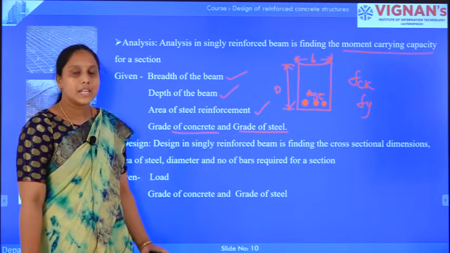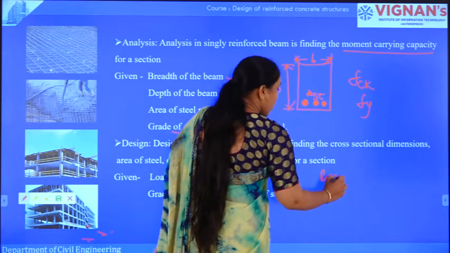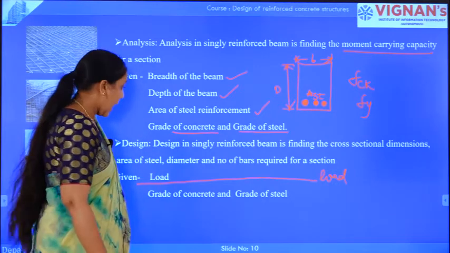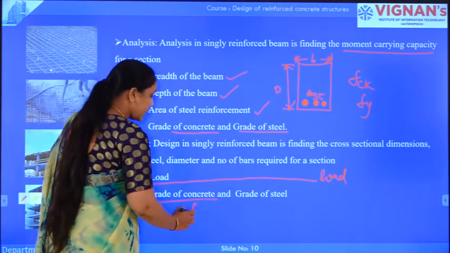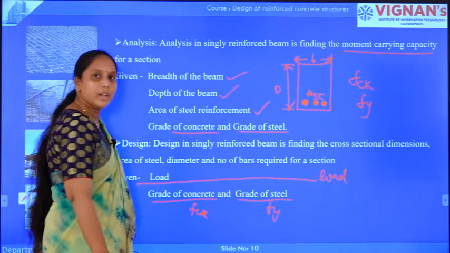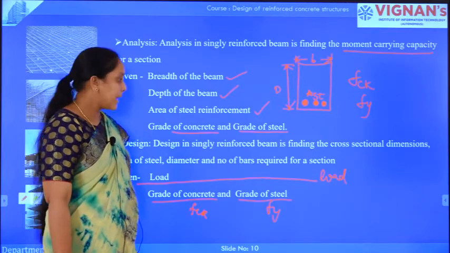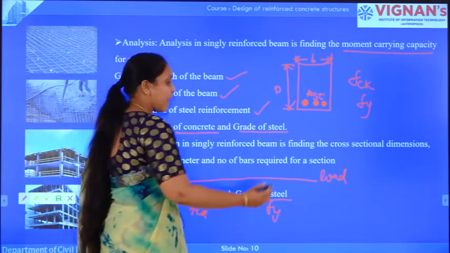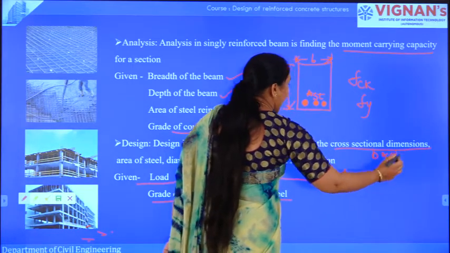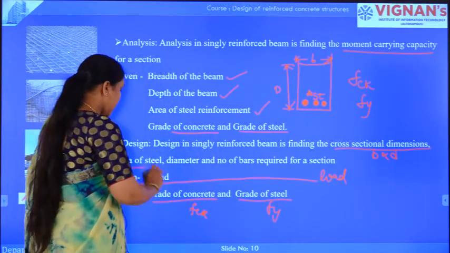That is, in design, the load which will act on that particular beam will be given, the grade of the concrete, that is fck, will be given, and the grade of the steel, that is fy, will be given. If all these are given, you have to design a beam section, that is, you have to find out the cross-sectional dimensions, b and D.